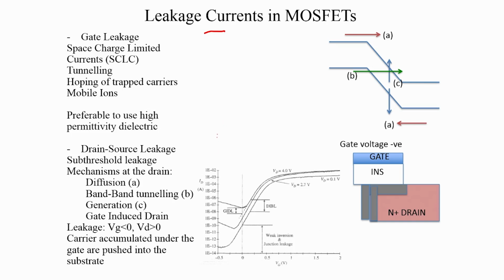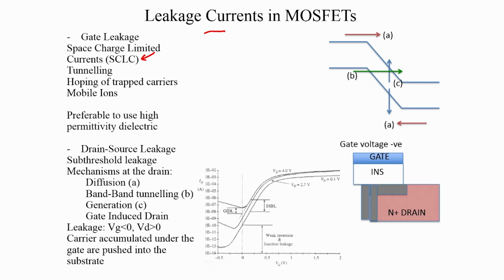Leakage currents in MOSFETs is an exhaustive lecture in itself, and because we are constrained with regards to time, we cannot talk about this so exhaustively, but we will touch upon certain topics, particularly things like space charge limited current, for which we will have a special lecture, but as such we will only spend this one slide on understanding the different mechanisms of leakage currents in MOSFET.